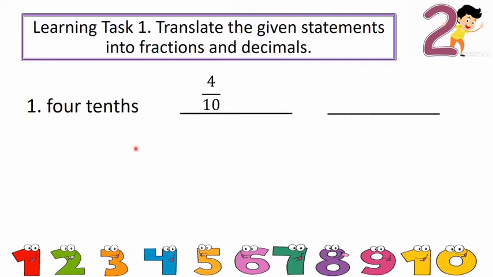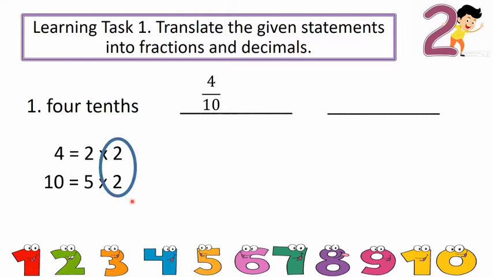So how are we going to get it in simplest form? We have to get the GCF of the numerator and denominator. Let's start with 4. 4 is equal to 2 times 2, so we get the prime factors. Then second, we have 10, which is 5 times 2. Then we get the same factor common to both 4 and 10, which is 2.